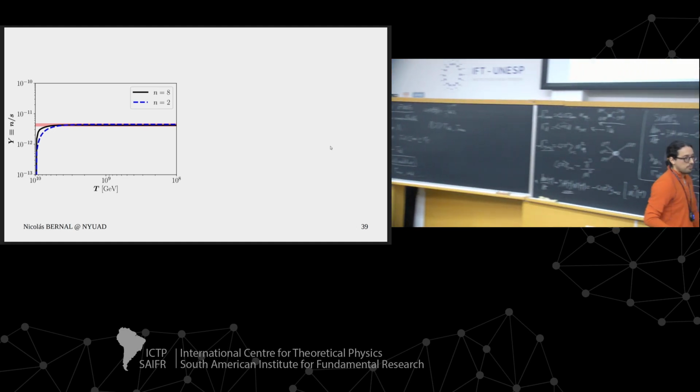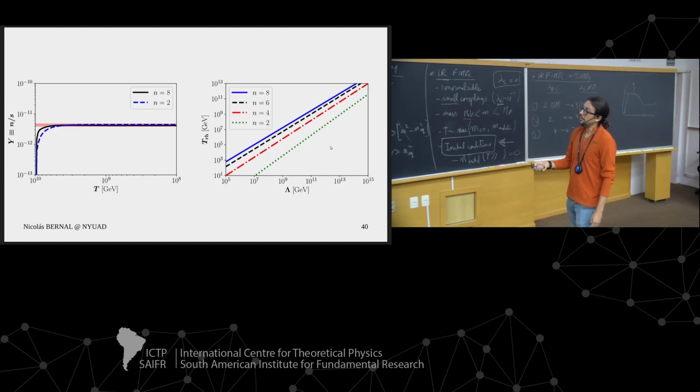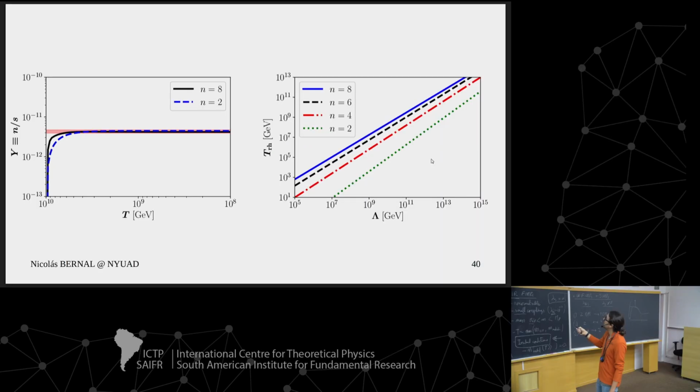And if I try to solve this equation, here I'm showing you the plot of lambda, this scale of new physics, as a function of the reheating temperature. This reheating temperature, for me, is the initial condition. So you can see that in order to fix the dark matter abundance for different values of n, I have to play both with the particle physics, with my operator, but also with the cosmology.